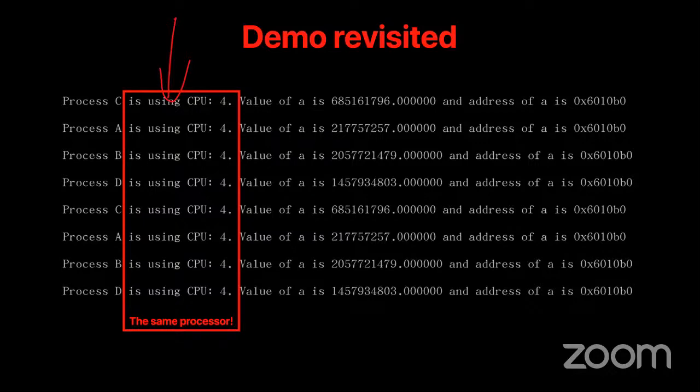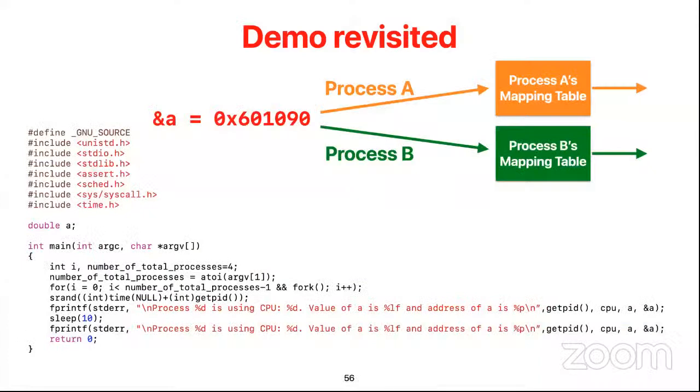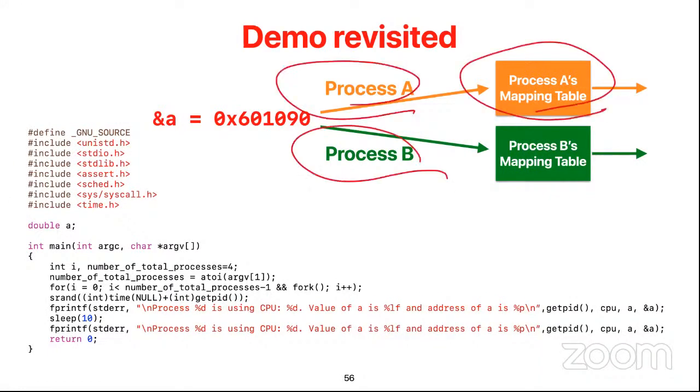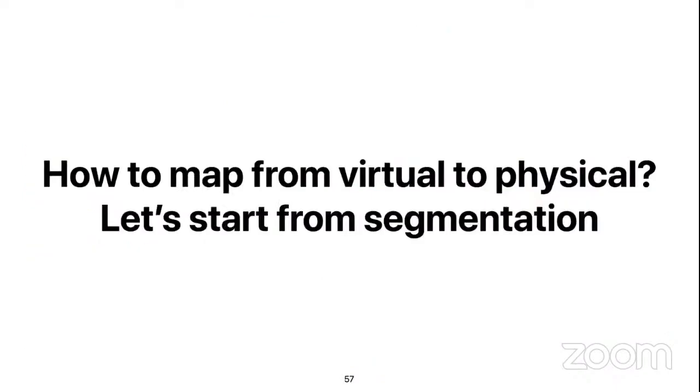On the other hand, everyone gets a different value preserved, and that's what virtual memory did for us, even though everyone has the same address for variable A. What really happens behind the scenes is that for each process, we maintain some kind of mapping table or mapping mechanism to allow their virtual addresses to be mapped to different physical locations. So the whole idea of virtual memory is that you create some kind of illusion and an address translation mechanism to map your virtual memory to physical locations.